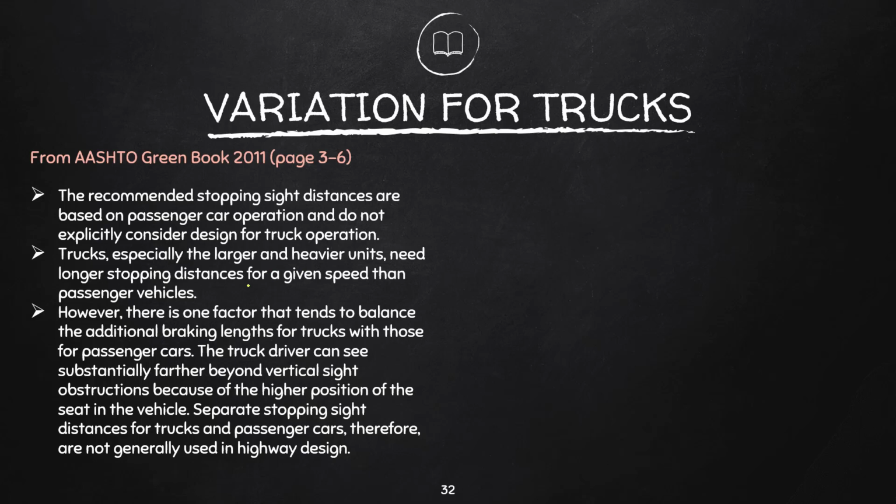So although the other factors in trucks will yield longer stopping distances in general, it is balanced by the fact that the eye level of truck drivers is relatively higher as compared with those in passenger cars. So they can see farther. So generally, we still use the values that we have for passenger cars.